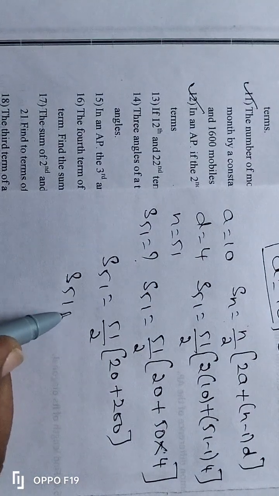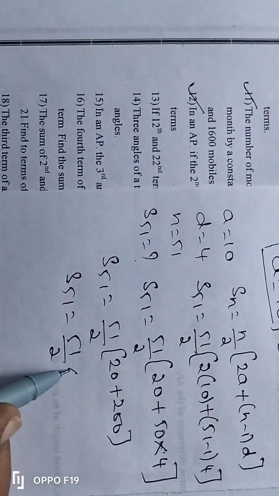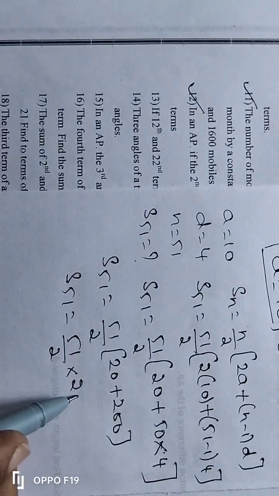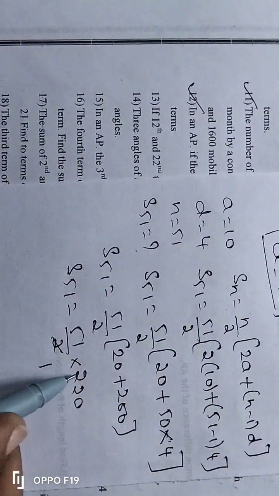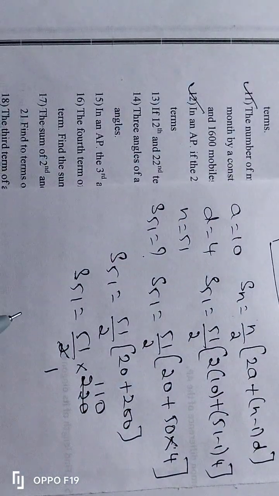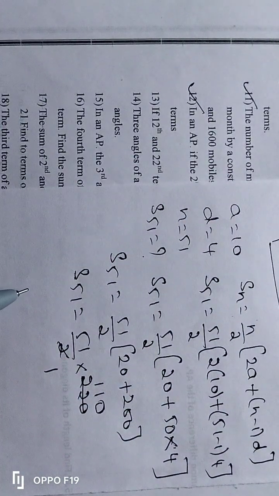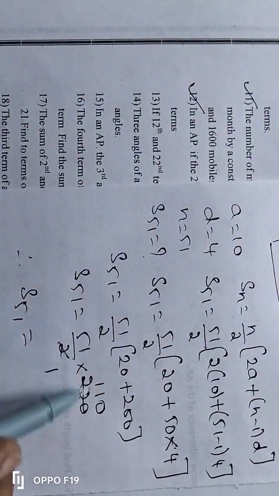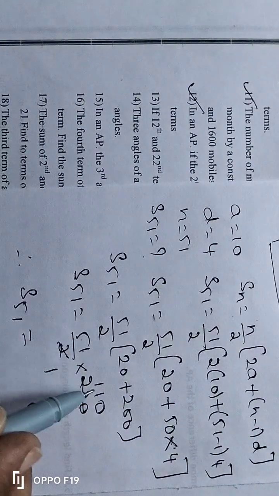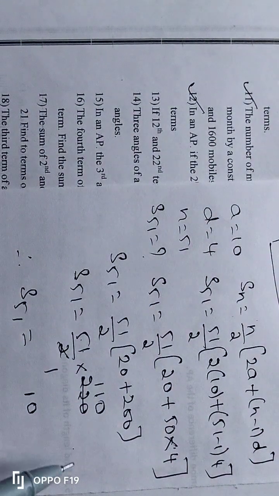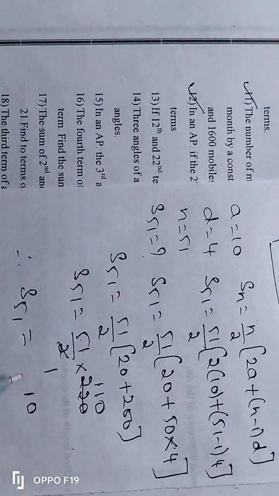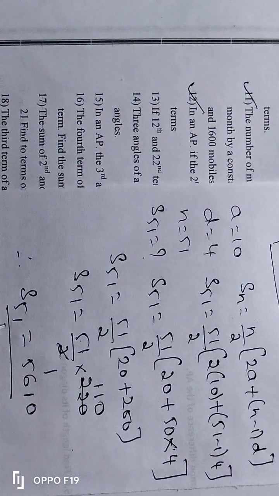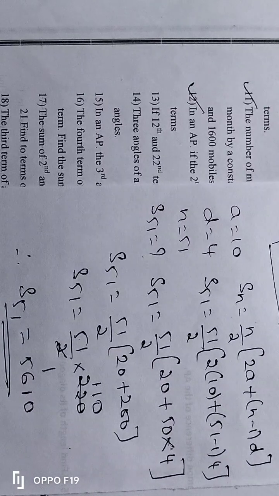So S51 is equal to 51 by 2 into 220. 2 ones are 2, so S51 is equal to 51 into 110. Now multiply: 51 zeros is 0, 51 ones is 51, give 1 and carry 5, 51 ones are 51, 51 plus 5 is 56. Therefore, S51 is equal to 5610. Like this, we have to find the sum of the first 51 terms.